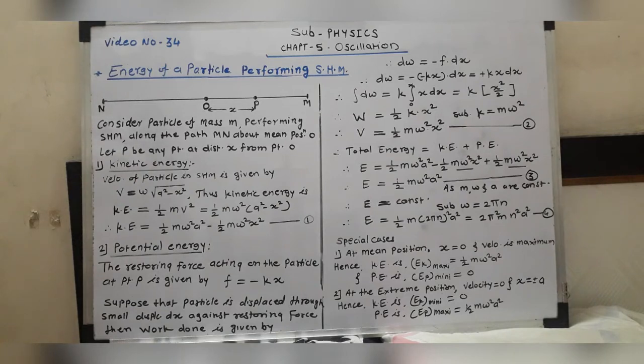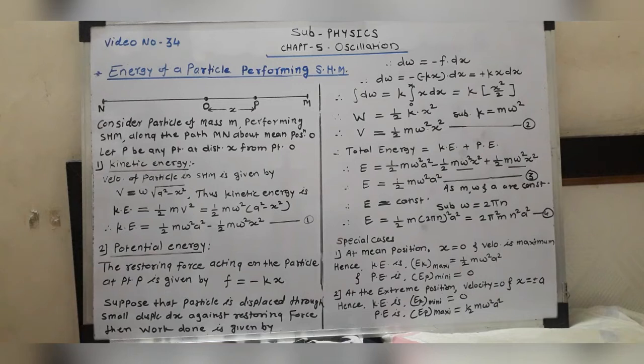For that purpose, we have to see the expressions for acceleration, velocity, and displacement. We know that acceleration is equal to minus omega square x. Then the velocity of the particle performing SHM is v is equal to omega under root a square minus x square. Therefore, the kinetic energy of the particle, which is given by K, is equal to 1/2 mv square.